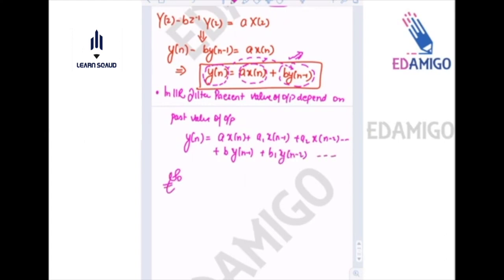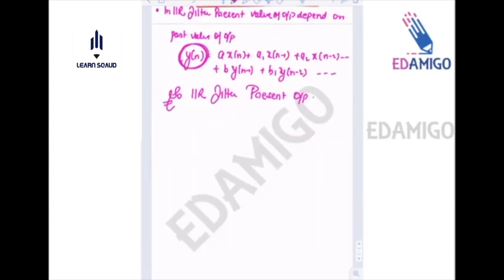So this is a very important property of an IIR filter. For an IIR filter, the present output depends on present and past inputs and also past outputs.